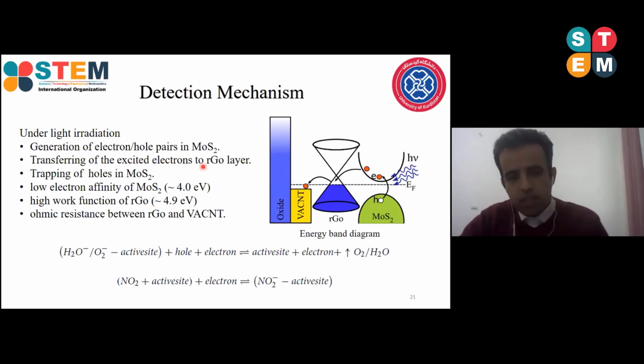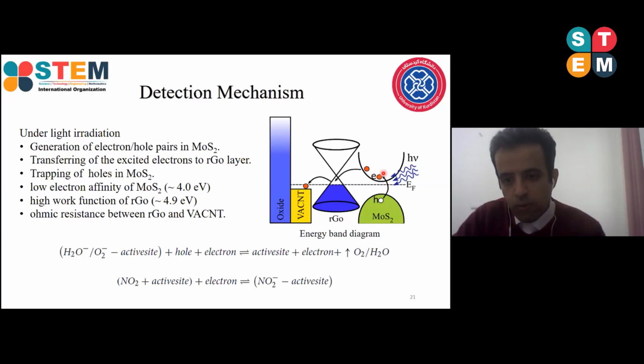We fabricated a kind of hybrid structure. We use molybdenum disulfide as the active optical material in our sensor. By irradiation, electron hole pairs are generated in molybdenum disulfide, and the electron affinity of MoS2 is around 4 electron volts. And the work function of graphene, reduced graphene oxide, is around 4.9 electron volts.